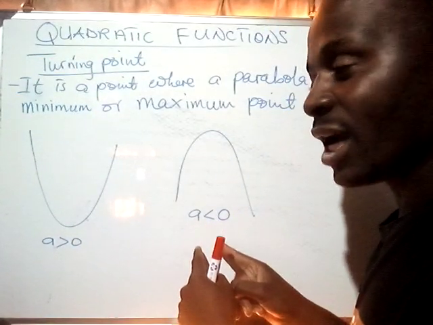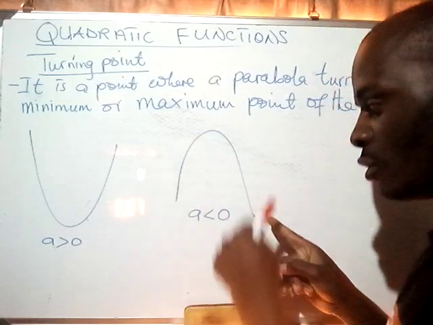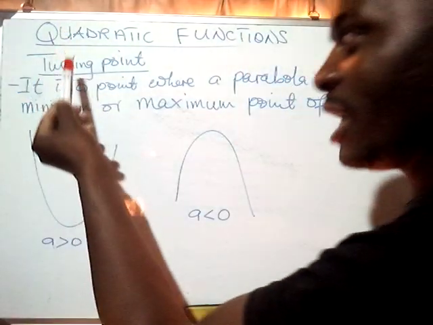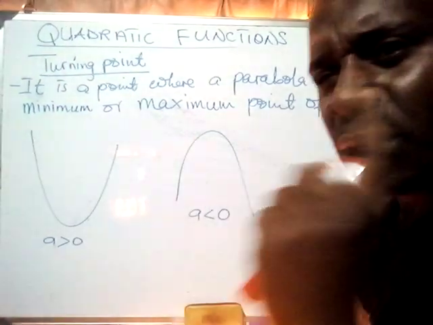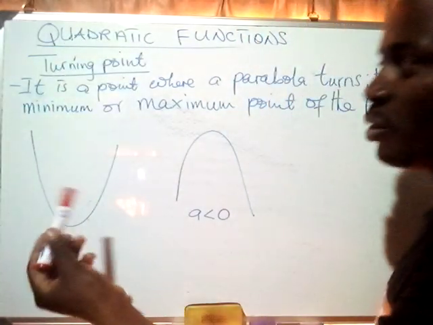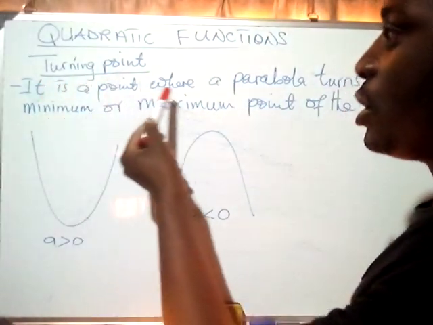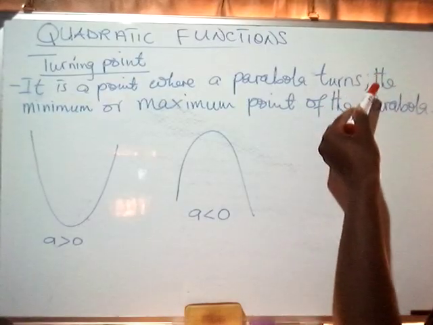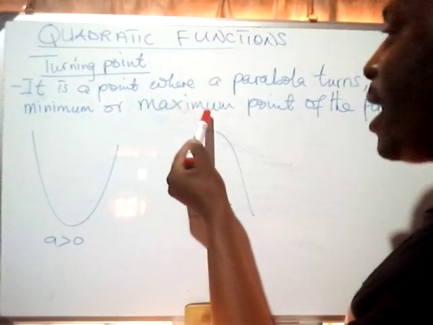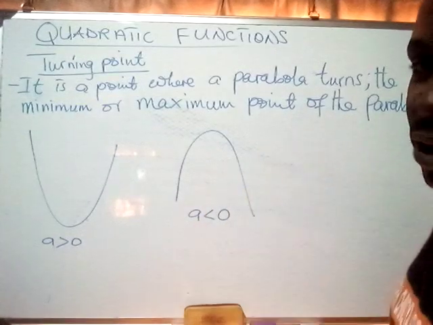When the values are negative, the parabola will be like this. This point is known as the turning point, the minimum or maximum point of the parabola.